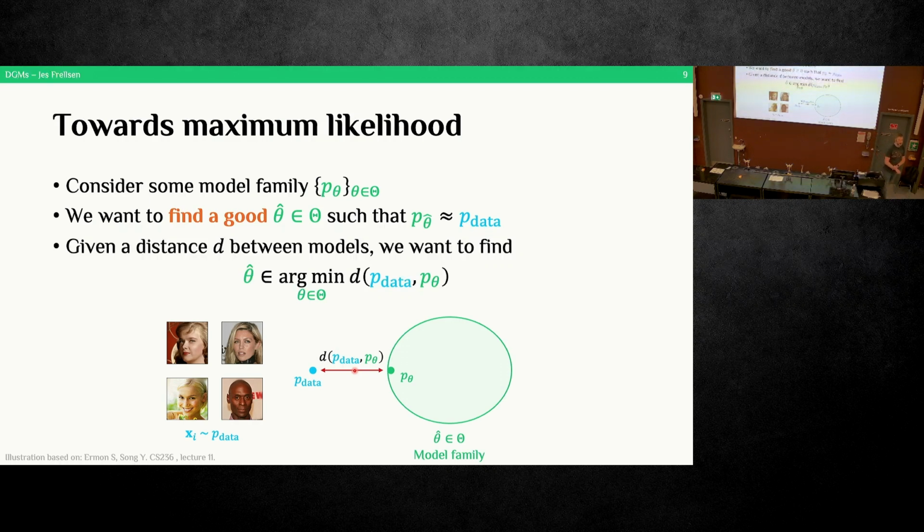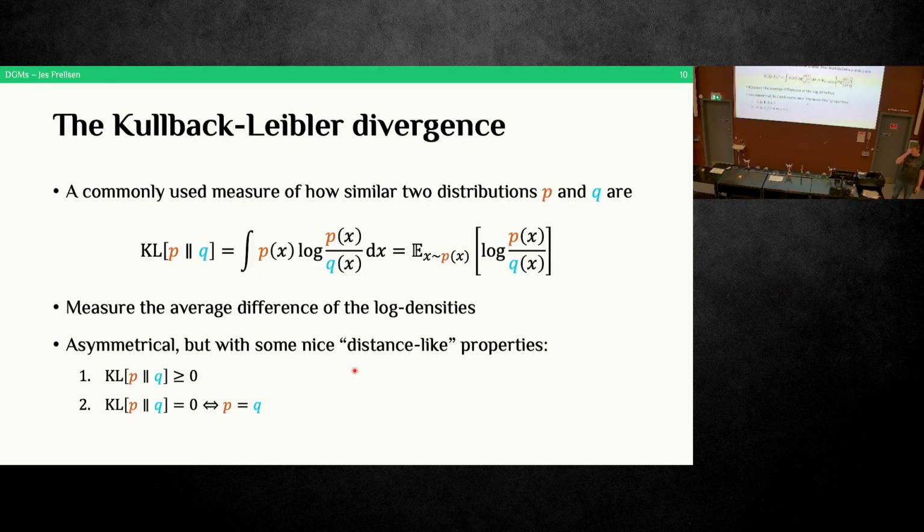You already learned about ways we can calculate distances between distributions. In the first couple of days, we saw the Kullback-Leibler divergence, which is basically measuring the average difference in log densities between P and Q. It's not a full distance, but it has distance-like properties: it's greater than or equal to 0, and it's 0 if and only if the two distributions are the same.